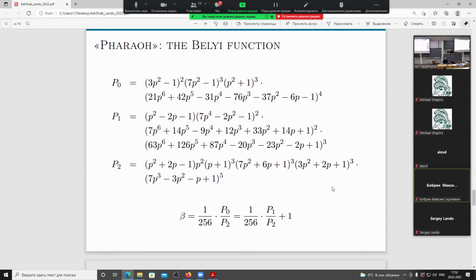And here's the answer to the question about the Belyi function. It's written with quite small numbers. So this is the answer for this Belyi function of the megamap. And in this case, the Belyi function itself is defined over the rationals. It's typical.